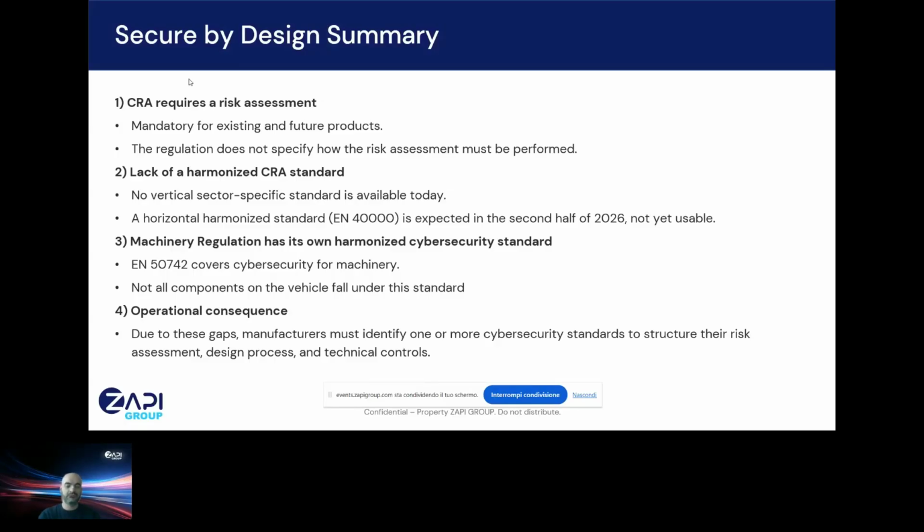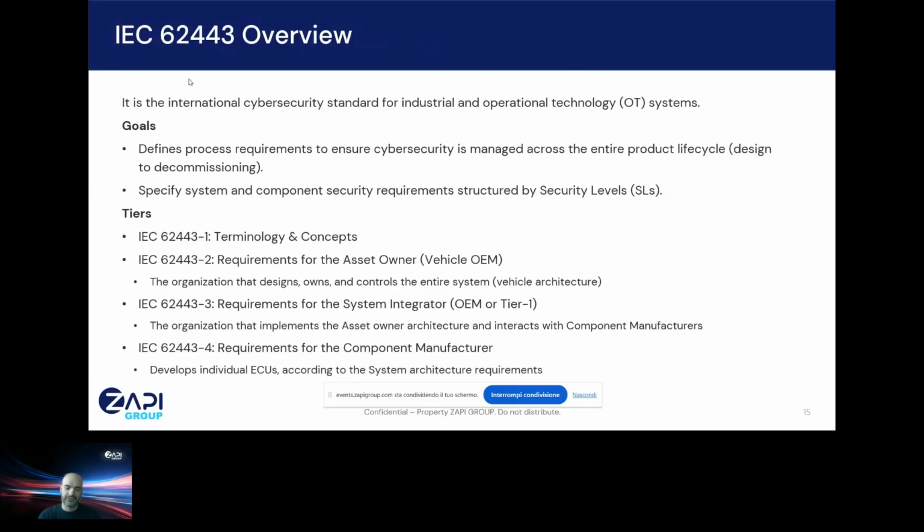A possible proposal for the cybersecurity standard that can be used for the CRA is the 62443. The 62443 in particular is a cybersecurity standard designed for the operational technology sector, so we speak about the industrial sector, and in particular automation systems.